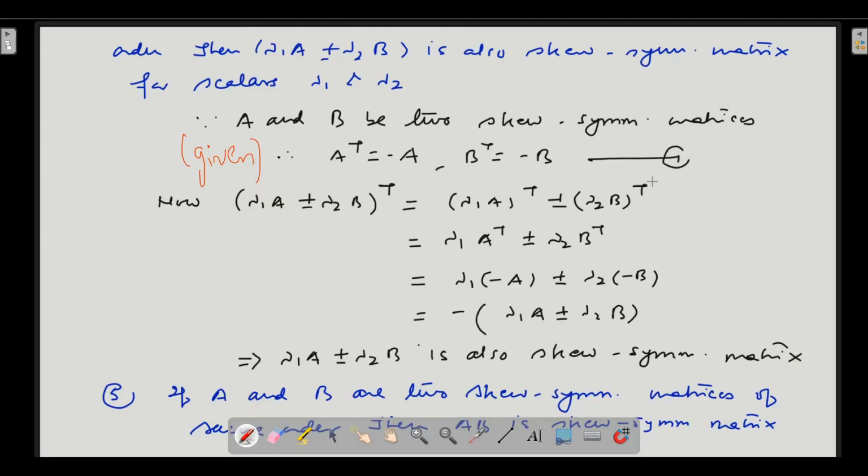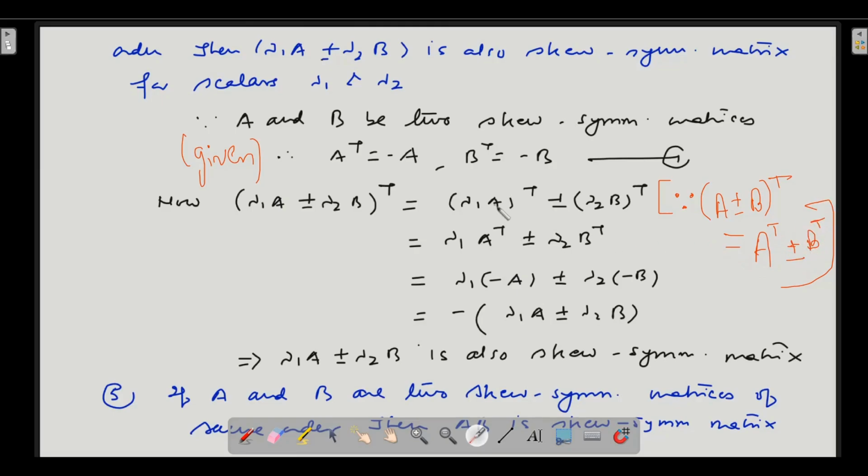In the bracket you must write the property: (A plus minus B) complete transpose is equal to A transpose plus minus B transpose.